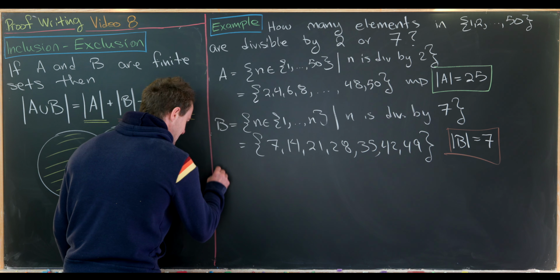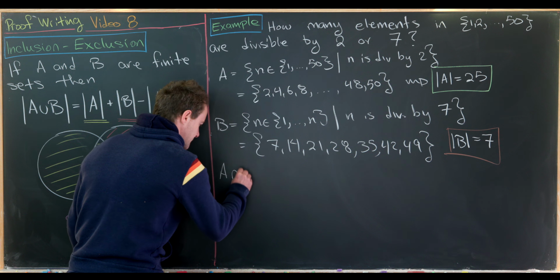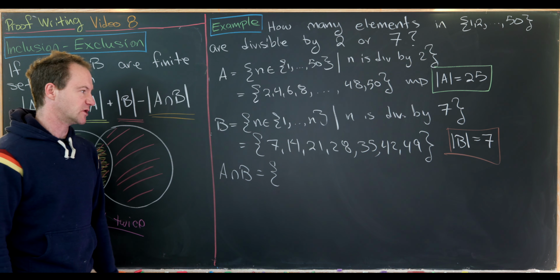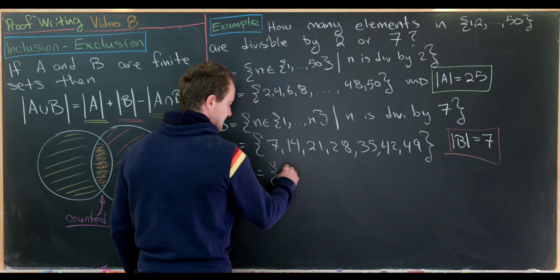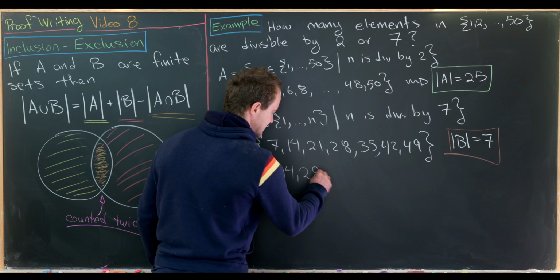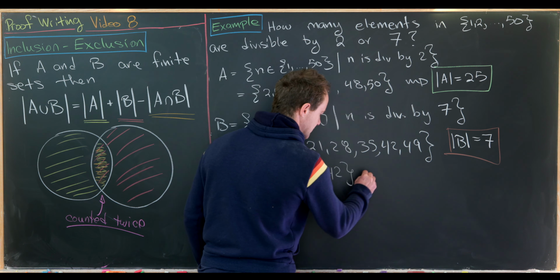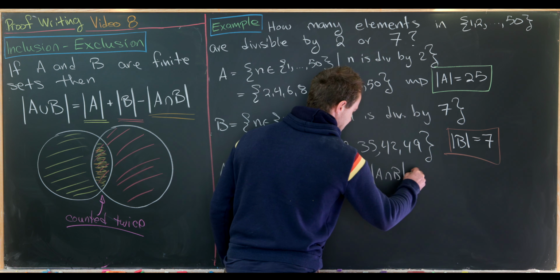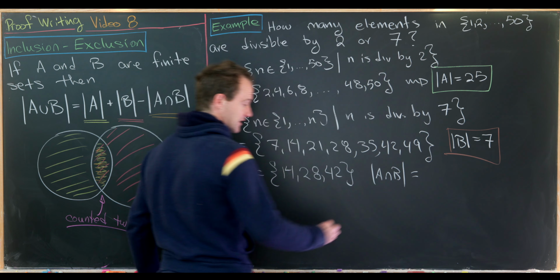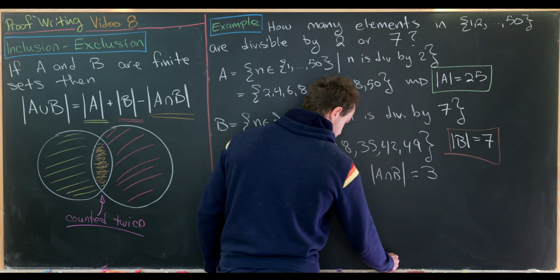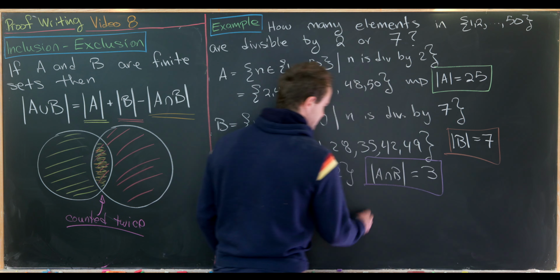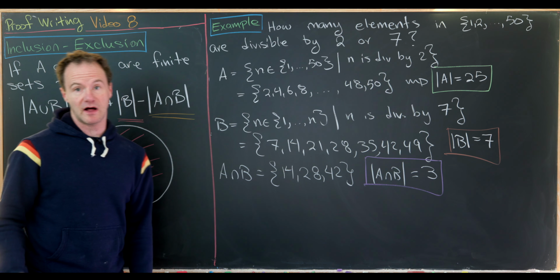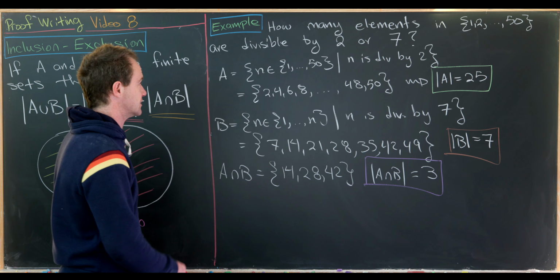Now let's look at A intersect B, which we can do just by taking the elements of B which are even. Of course, that's going to be 14, 28, and 42. But that means that the cardinality of A intersect B is simply the number 3. Okay, nice. And so now in order to answer this question, we can apply this inclusion-exclusion principle.